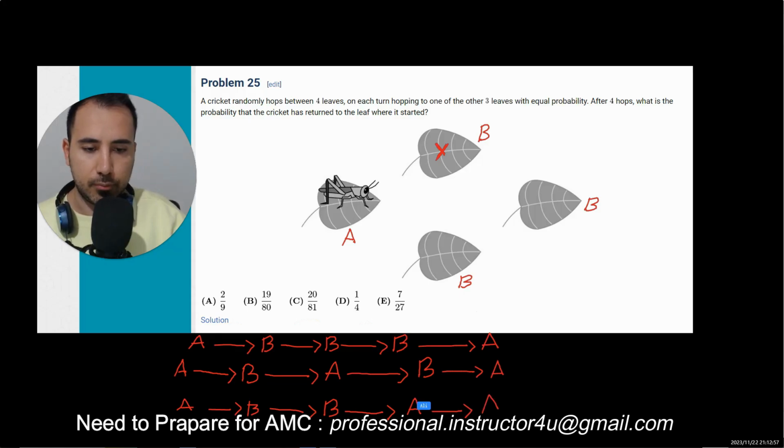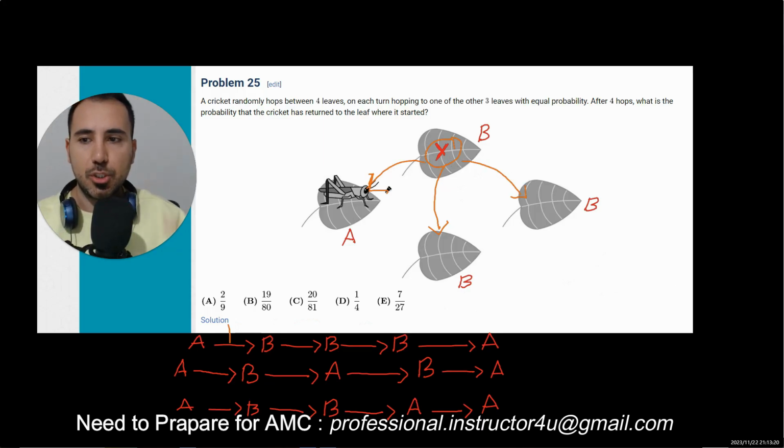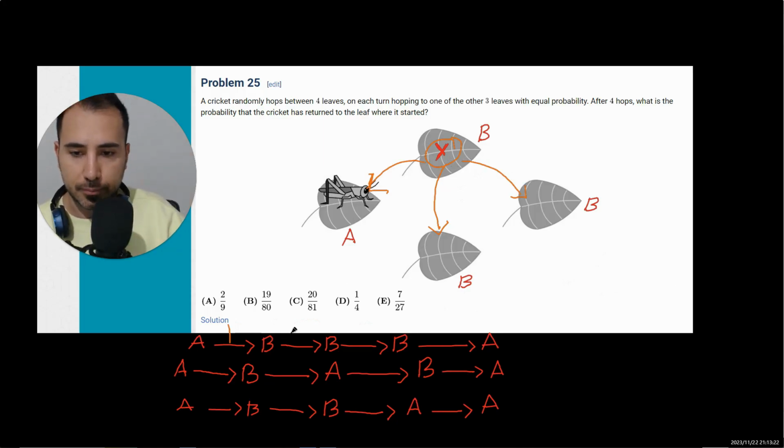Now let's go to the beginning. Let me change the color. We are at A, the starting position. What is the chance we go to B? 100%. 1. But look, once you are at B, what is the chance to go to another B? You have from these 3 options, one of them is A, so toward B it's 2/3.